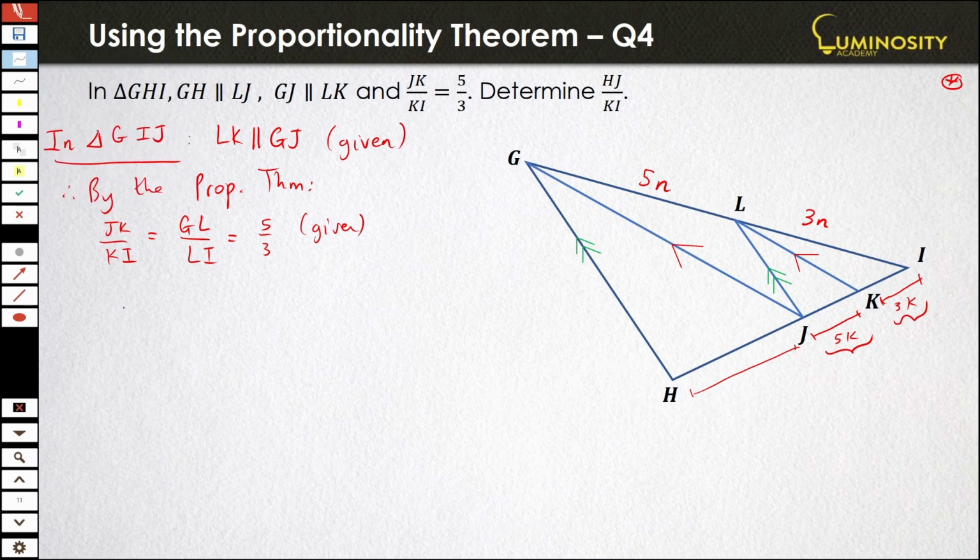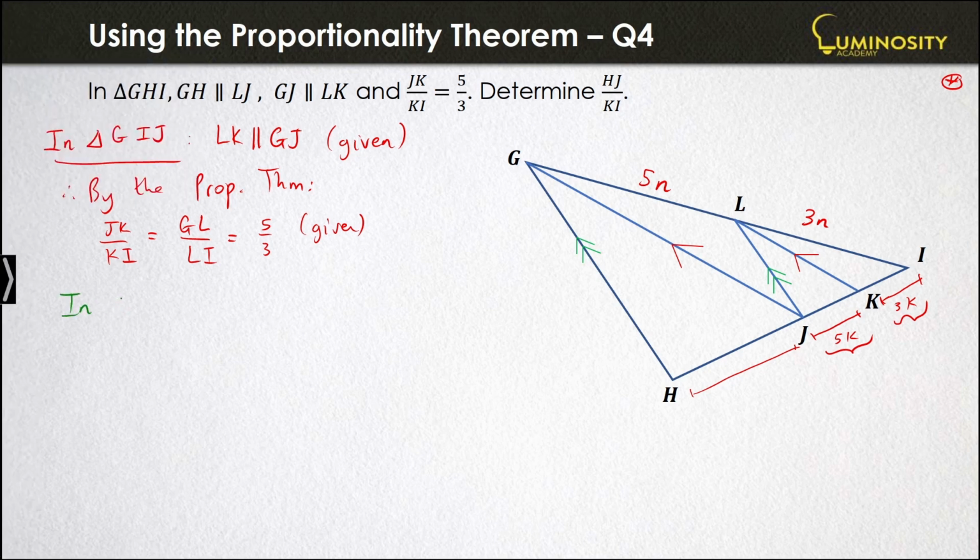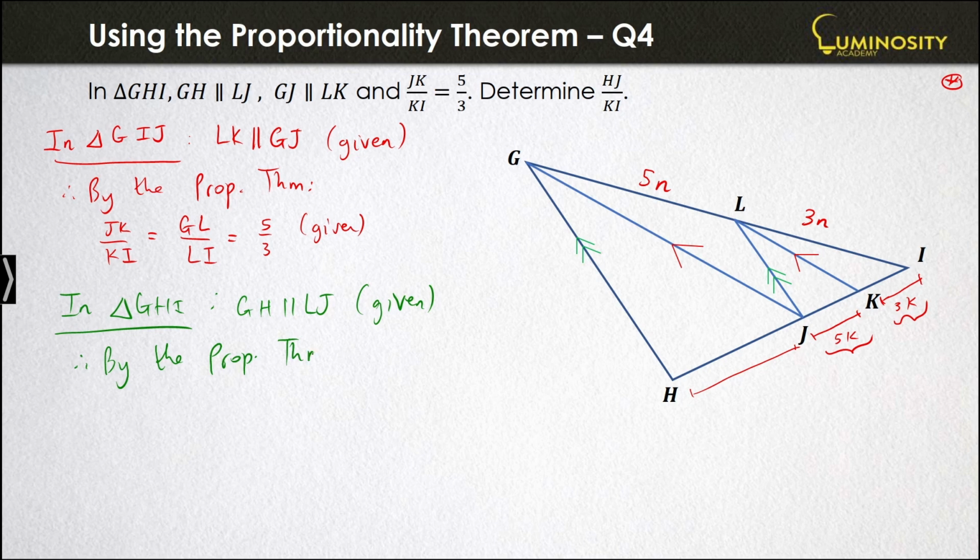Then next, we can say in the larger triangle, so triangle GHI, we were given that GH is parallel to LJ. So that was given. So therefore, by the prop theorem again, let's see what we can deduce. From the prop theorem, I can say that the length IJ to JH is the same as IL to LG.